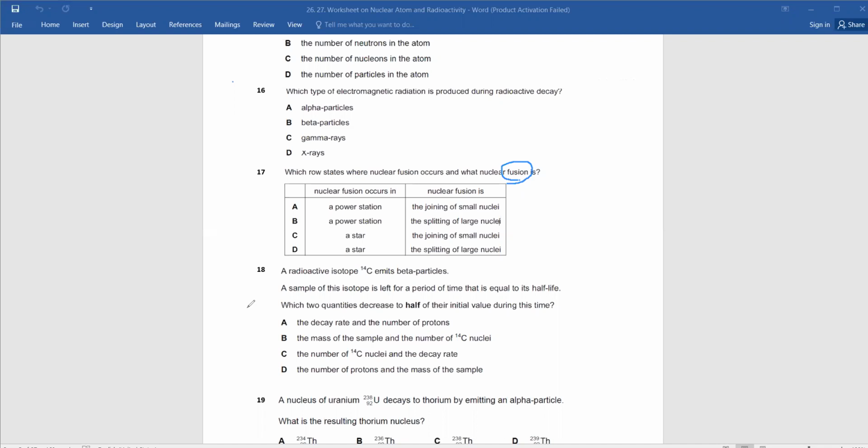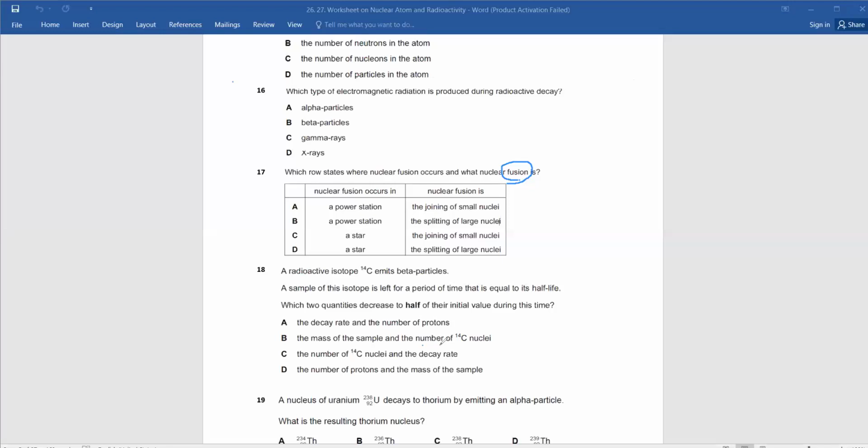Yeah. Okay, now what should be the answer? Well, first of all, it's the mass of the sample, and the number of carbon 14 nuclei.